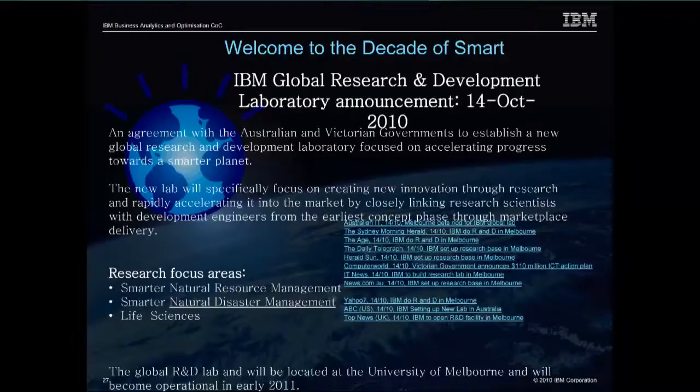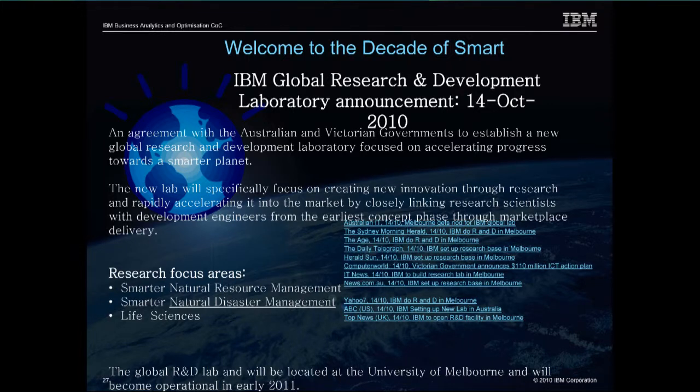Very quickly, I want to mention, for those who don't know about this, last week IBM announced in its global research and development for its laboratories that Australia will now have a research and development component with IBM.